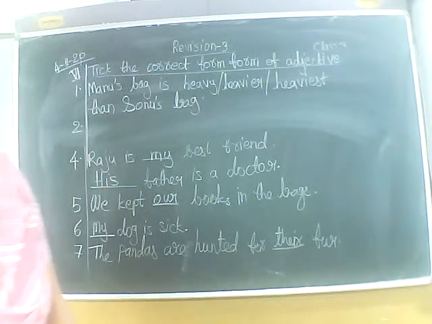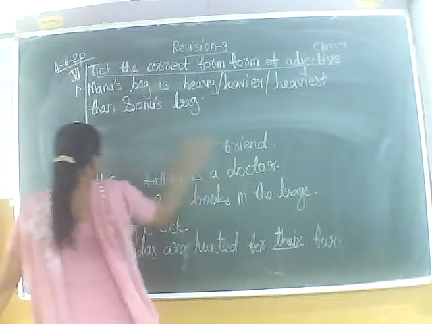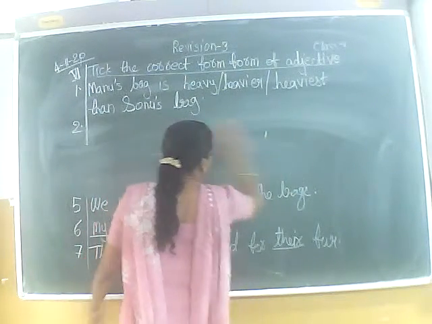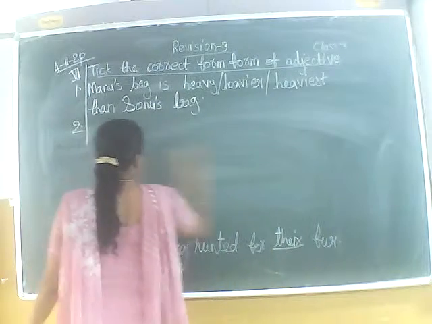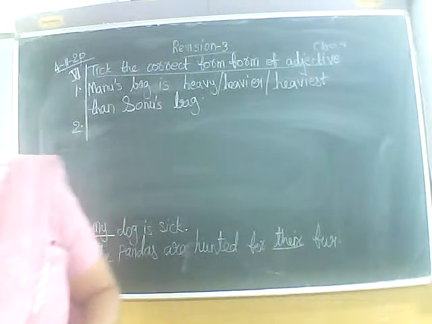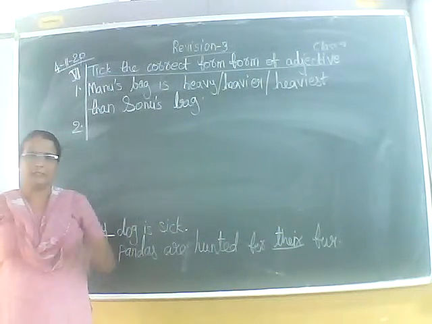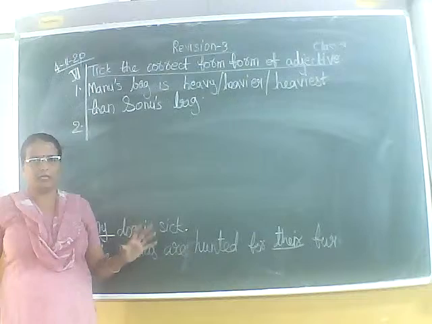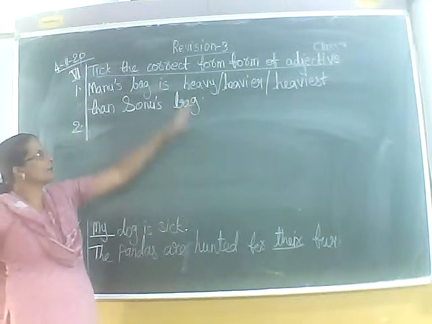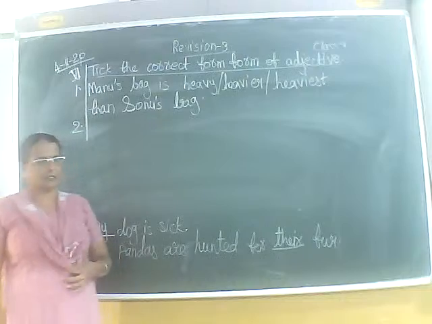We have learned degrees of comparison, right? Comparative degree, superlative degree, and positive degree. When we discussed these three forms of adjectives, I told you the base form is called positive degree. For example, heavy is positive degree, the base form of the adjective.